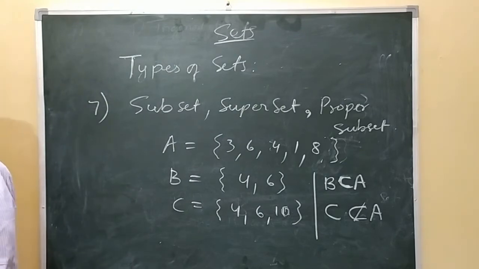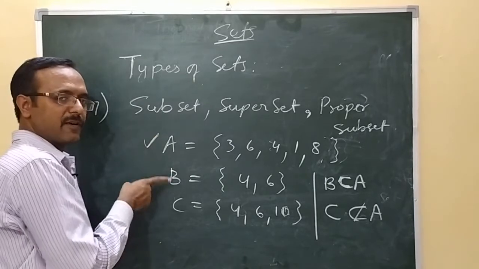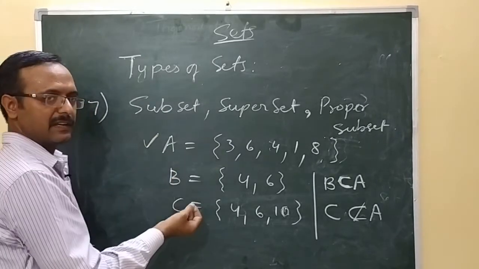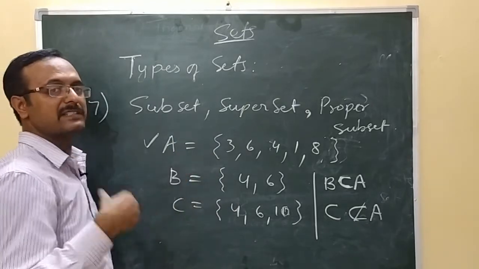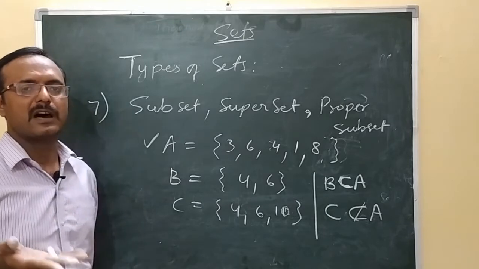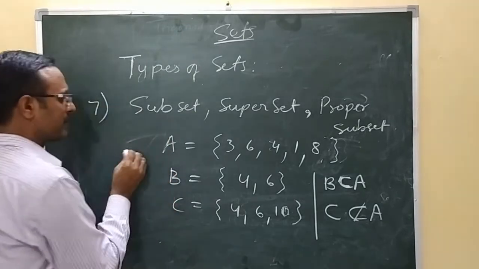Now what is superset? A is a superset for B, that is, the set B is obtained from set A. So the set by which other sets are formed is called the superset of other sets. So A is a superset.